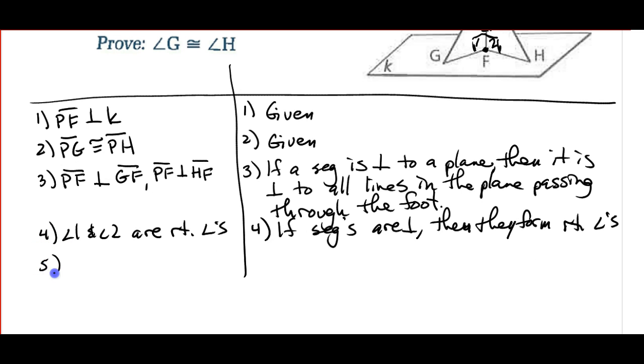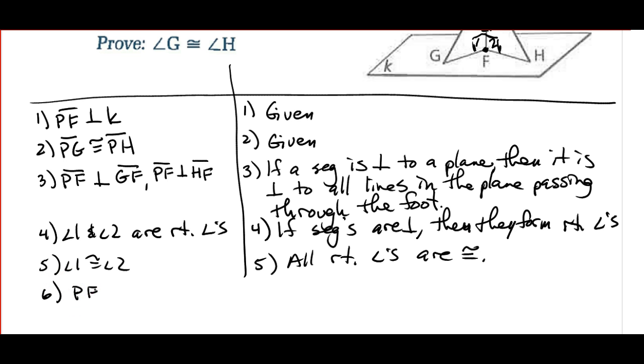So I've got angle 1 congruent to angle 2. All right angles are congruent. And I've got that PF is congruent to PF by the reflexive property.